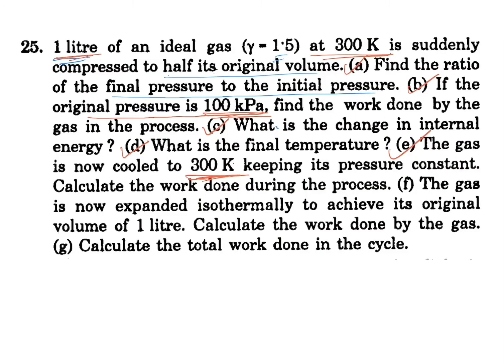This is your answer. Now the last part of the question is asking, calculate the total work done in the cycle. Now that's very easy. Work done during B part, work done during E part, and then the work done during F. We just need to add them all together.